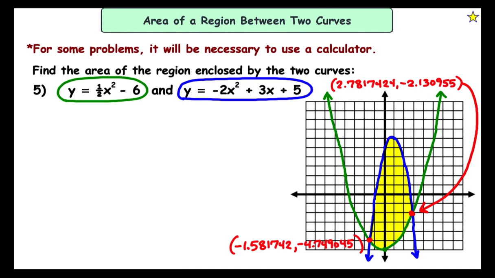Don't round off until the very end. All right, well, the good news is at least it's going to be blue minus green the whole way, and we're going to stay with y equals, and we're going to stay with x's and dx's and x limits in our work. So I just have to get this set up, and then we'll pop it into the calculator.